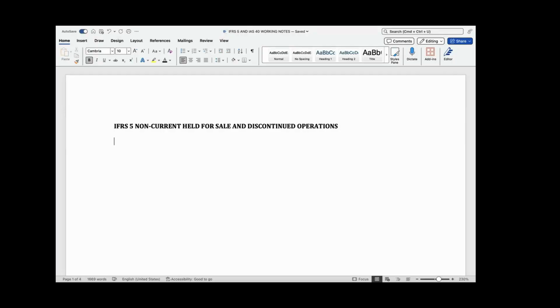So for this standard, from the name, we're going to be dealing with two items. So I want to start with the objective. Basically, we want to look at recognition and measurement of a non-current asset that is held for sale.